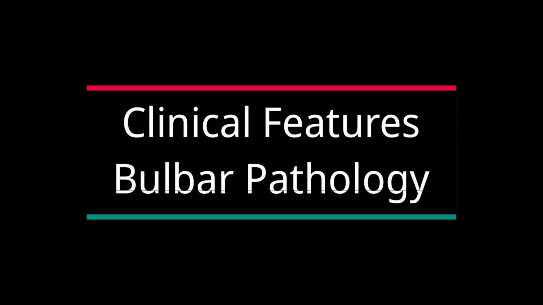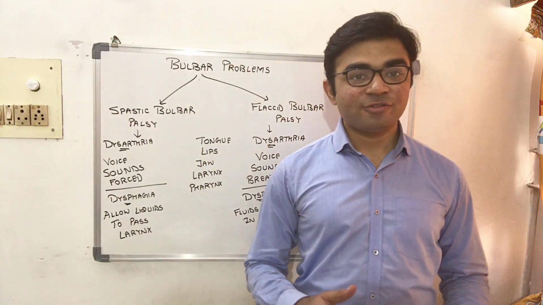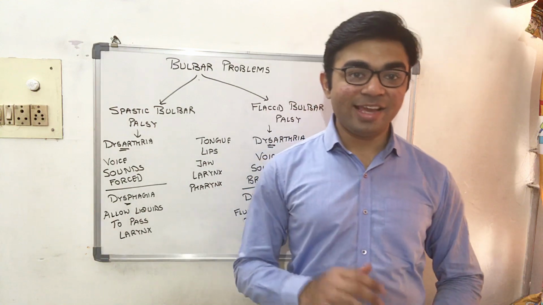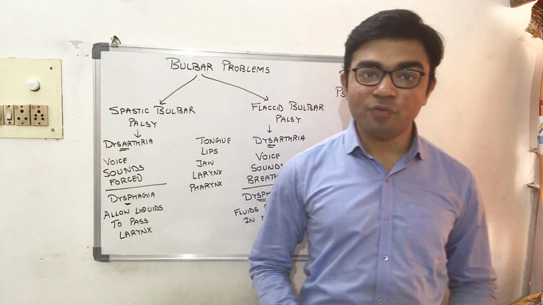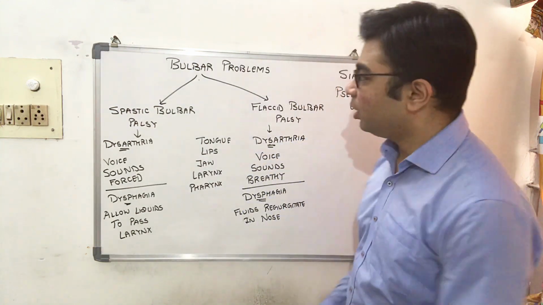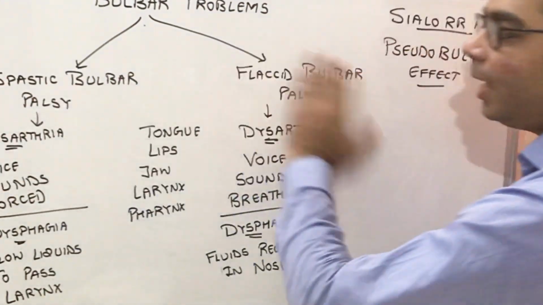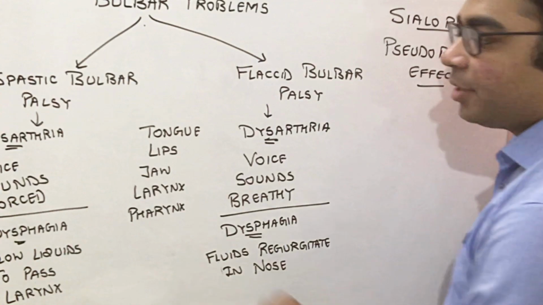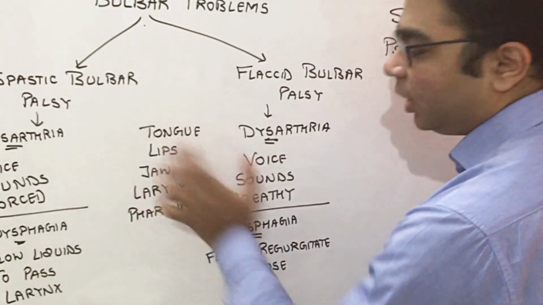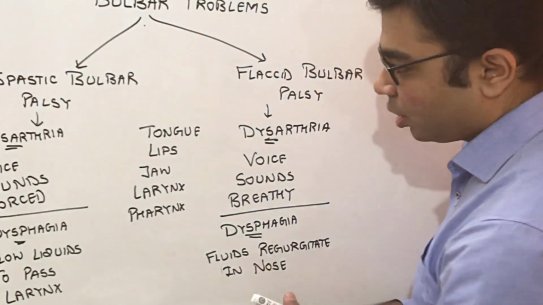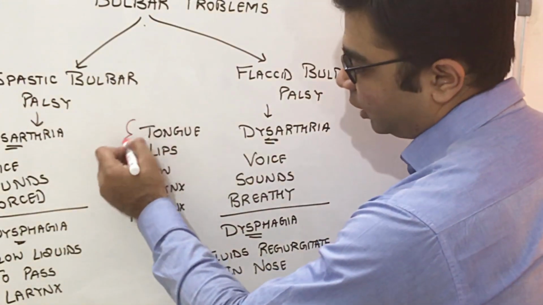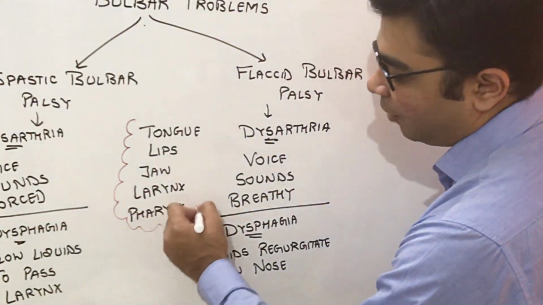Because of the bulbar onset ALS, there are a few symptoms that we need to focus on. In the bulbar problems, we divide it into two: the spastic bulbar palsy and the flaccid bulbar palsy. Typically there is weakness of the tongue, lips, jaw, larynx and pharynx.